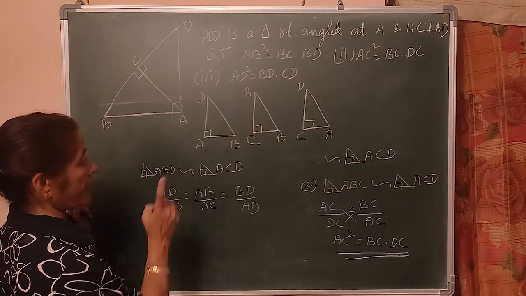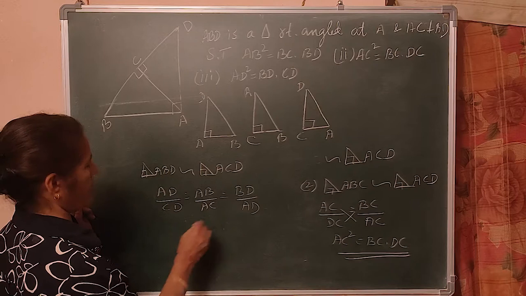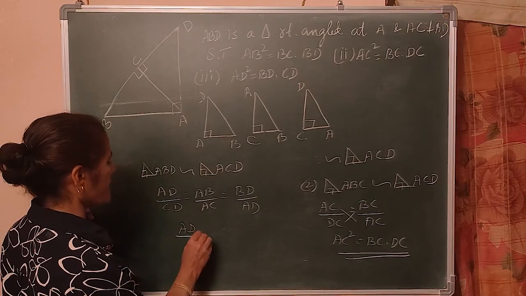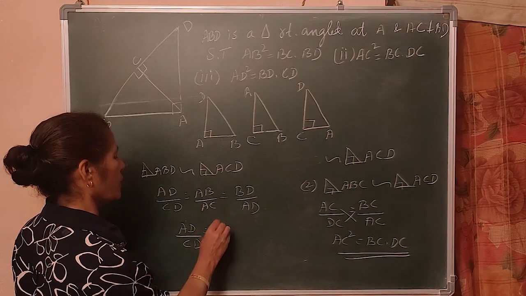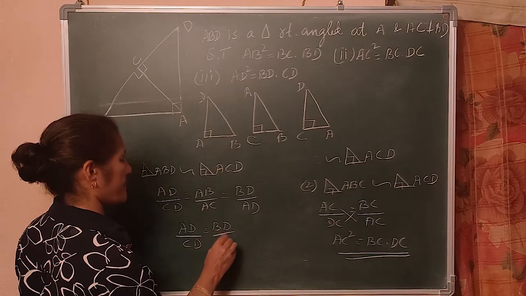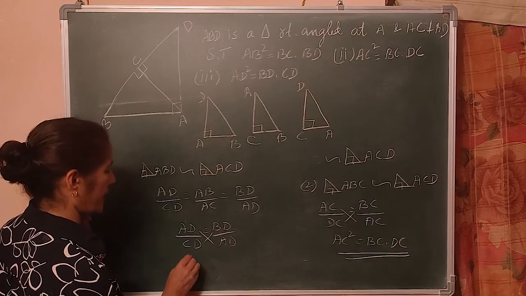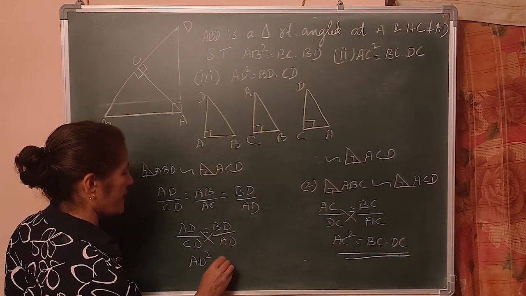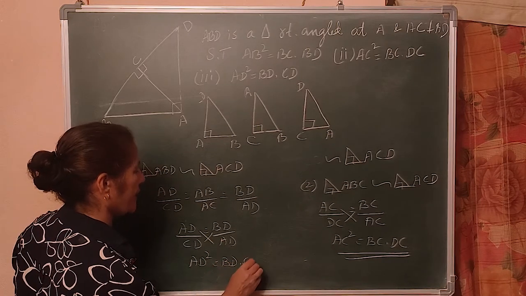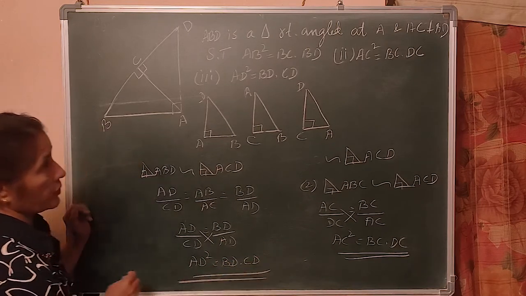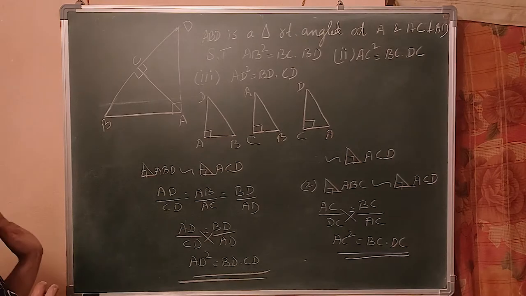My aim is to get AD square. So this one and this one. AD by CD is equal to BD by AD. So cross multiplication I get AD square is equal to BD into CD.